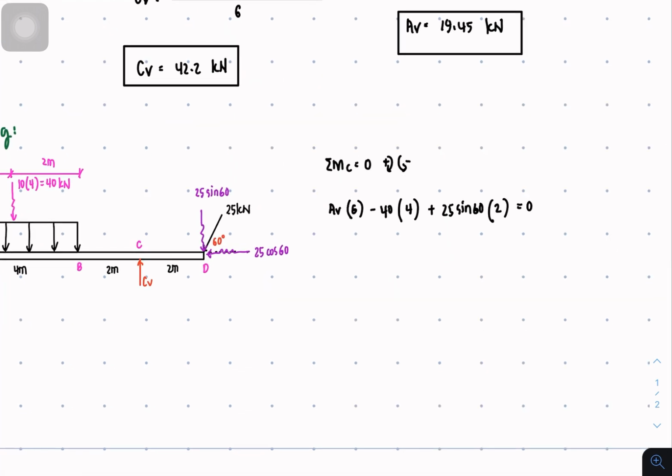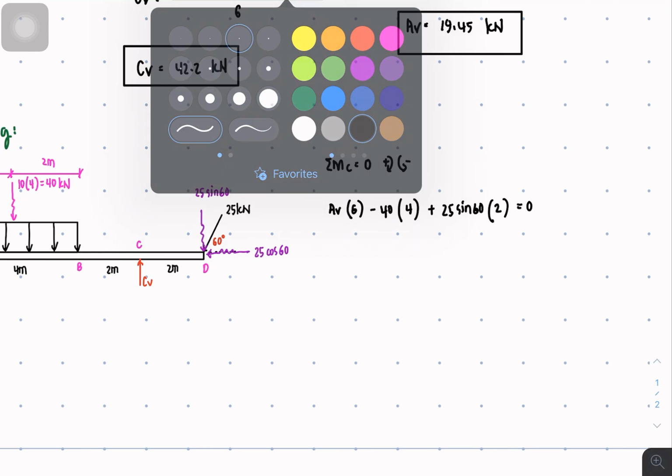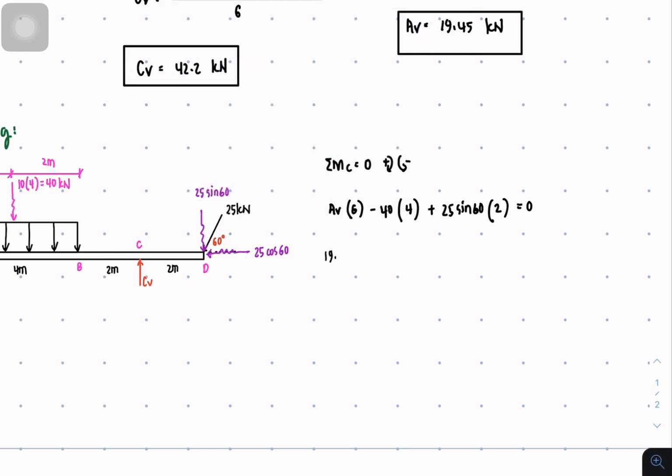Let's substitute AV. So AV is 19.45 times 6, and then minus 40 times 4, and then plus 25 sine of 60 times 2 equal to 0.